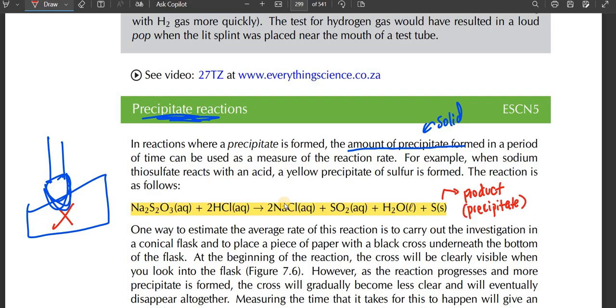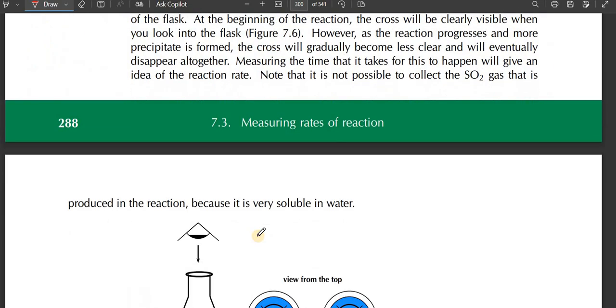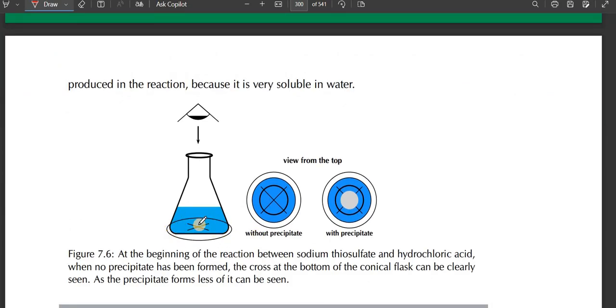Okay, and whenever you are dealing with a precipitate, remember that's when you take a flask and then you draw an X on the paper. Now the thing is, when you are looking at that flask, remember you are in the lab.